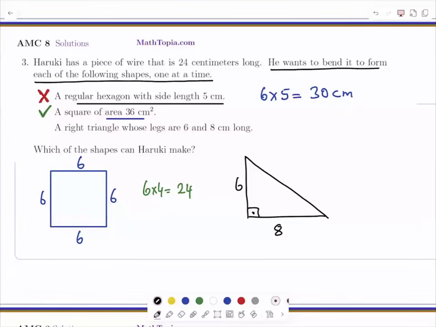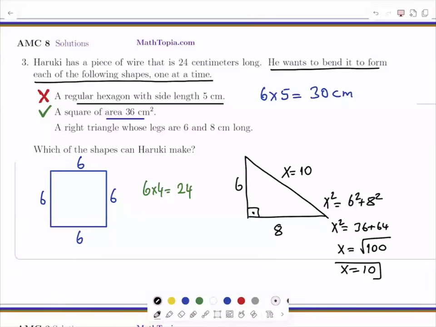What is the length of the hypotenuse? a squared plus b squared equals c squared. 6 times 6 is 36 and 8 times 8 is 64. 36 plus 64 is 100, and the square root of 100 is 10. Or we know this is a special Pythagorean triple, 6, 8, 10, right triangle.